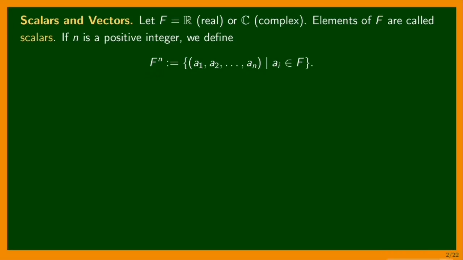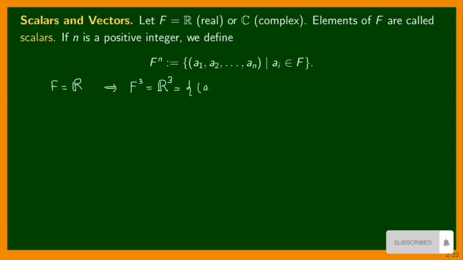Fn is the set of all n-tuples of elements a1, a2 to an, where each of the ai is an element of F. For example, if F is chosen to be R, then F3 or R3 consists of ordered triples a1, a2, a3, where each of these symbols are real numbers. This is sometimes what we call a three-dimensional Euclidean space.